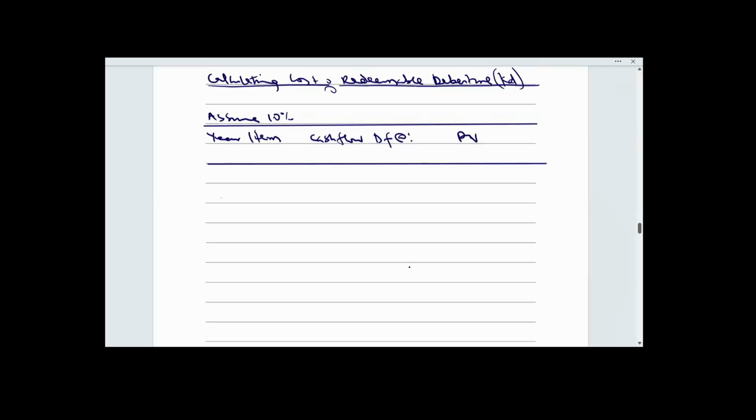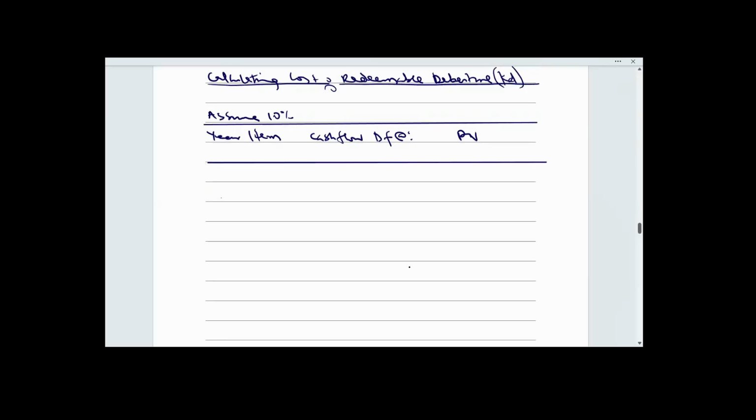So you are starting from year zero. In this year zero, this is where you have the current market value of the debenture. I will then go back to the question. What's the market value of the debenture? Examiner told us it is 106 naira ex int, because the interest expense has already been paid, that's why it is called ex int.